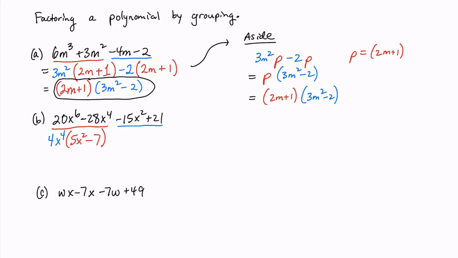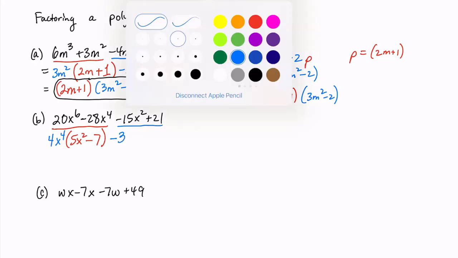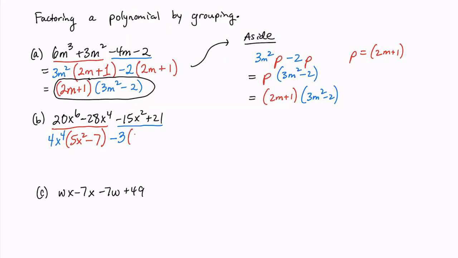What do the second two terms have in common? We have subtract 15 and 21. They have a 3 in common. And then what's left? 5x squared minus 7. Wow, I don't think that was a coincidence.